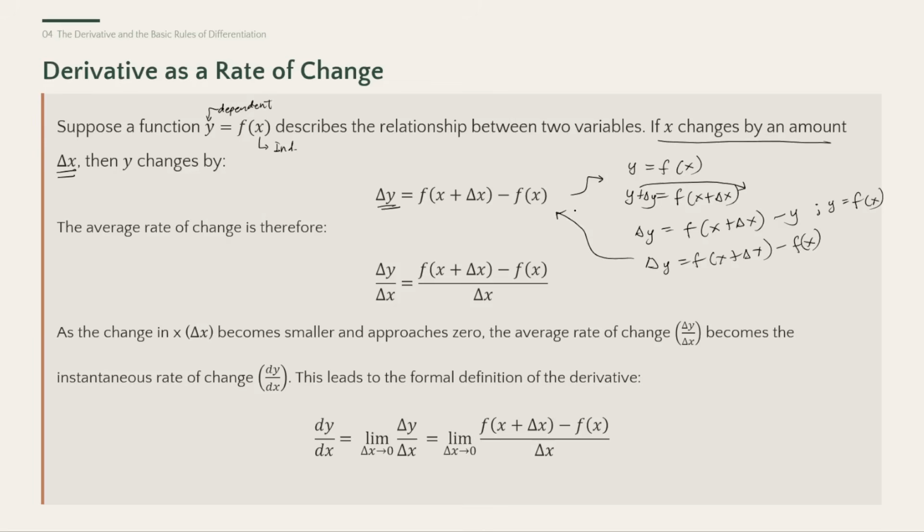Okay? Now, if we're going to take the average rate of change, we divide both sides by the change in x. And if we take the limit as delta x approaches 0, the change in x actually becomes the instantaneous change.